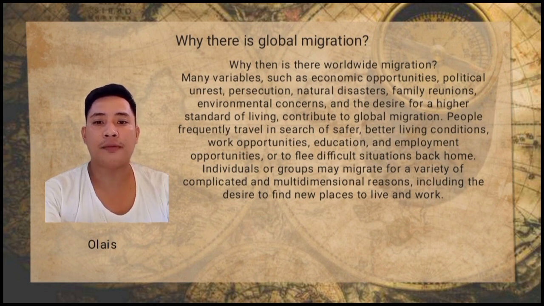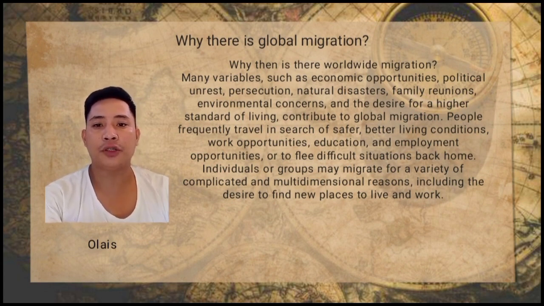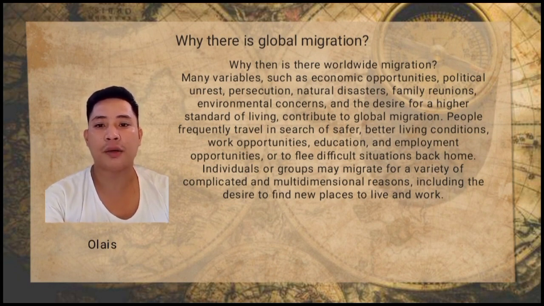More people than ever before are living abroad from their nation of birth. The United Nations Department of Economic and Social Affairs Population Division estimated that as of July 1, 2020, there were 281 million foreign migrants worldwide. Approximately 3.5% of the world's population is made up of migrants from other countries, up from 2.8% in 2000 and 2.3% in 1980.